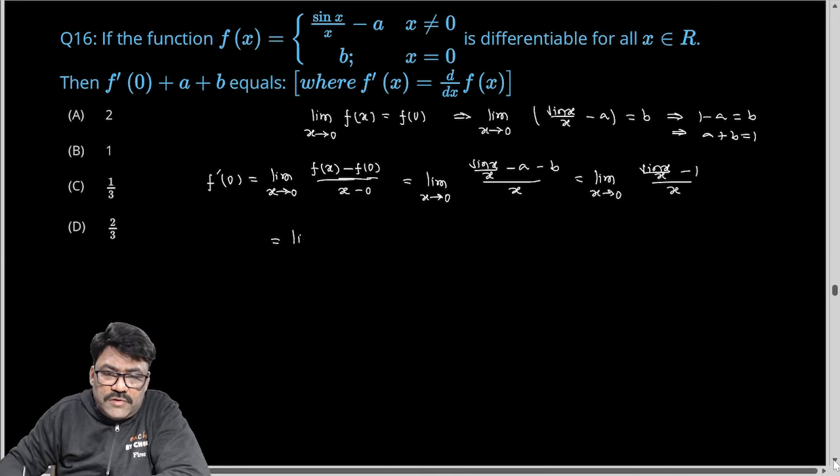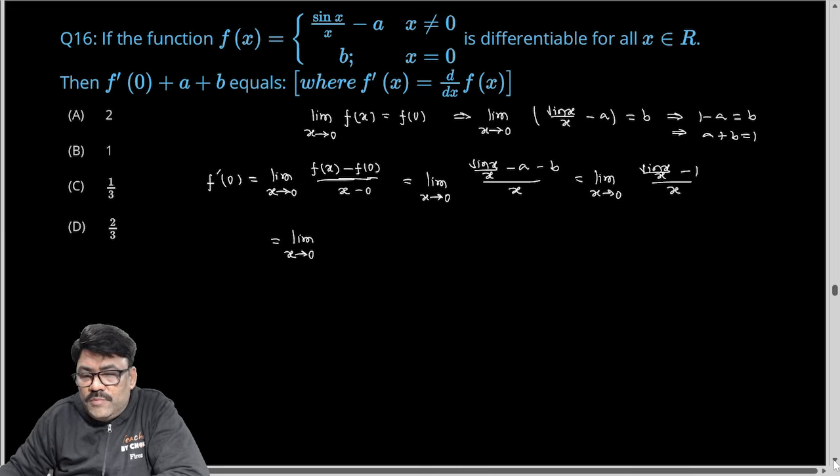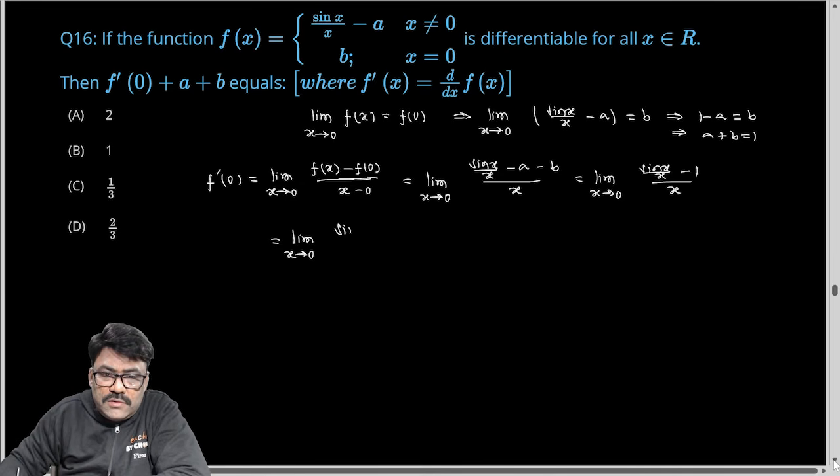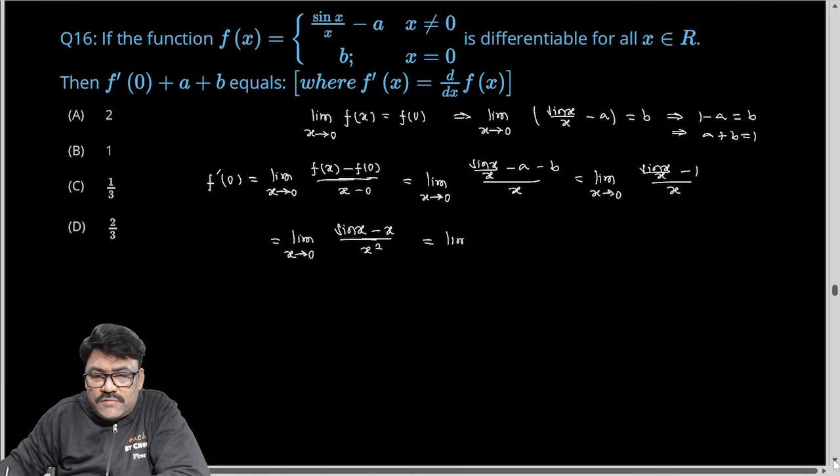Now it is limit x approaching to 0. If you simplify it, this will become sin x minus x over x square.